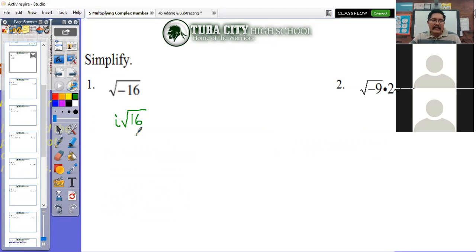Remember, you cannot take the root of a negative number, but if you take it out as I, now we can take the square root like it was a positive number. And again, that's one of the reasons why we have imaginary numbers, so we don't have to stop working on something just because we run into something we can't do.